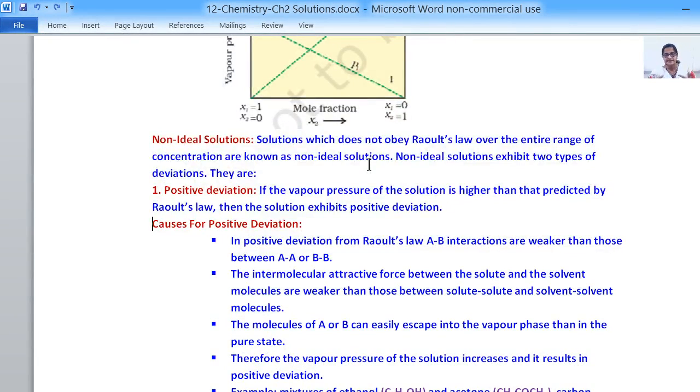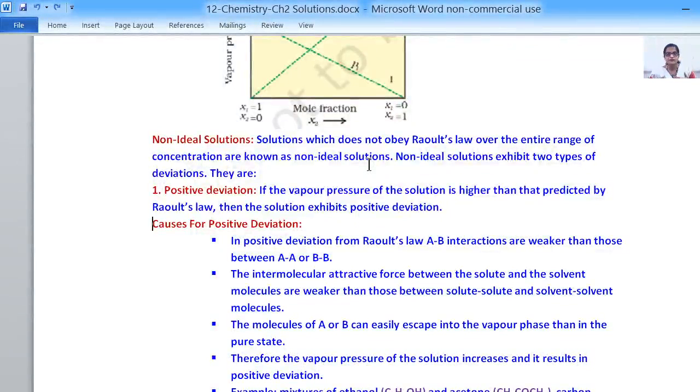So as a result, the vapor pressure of the solution increases and it results in positive deviation. Since more and more molecules of component A or B escape into the vapor phase, the vapor pressure is increasing. As a result, the solution will exhibit positive deviation from Rolle's law, or the vapor pressure of that solution will be higher than that predicted by Rolle's law.